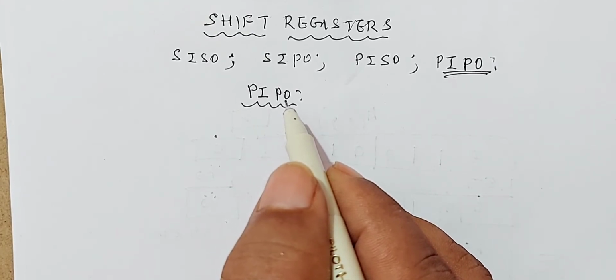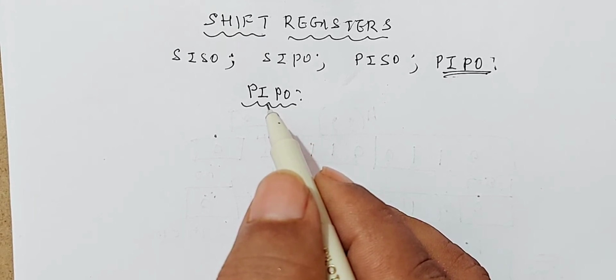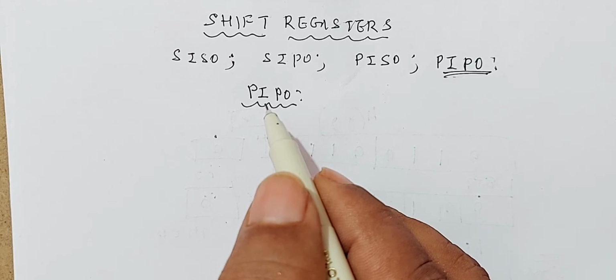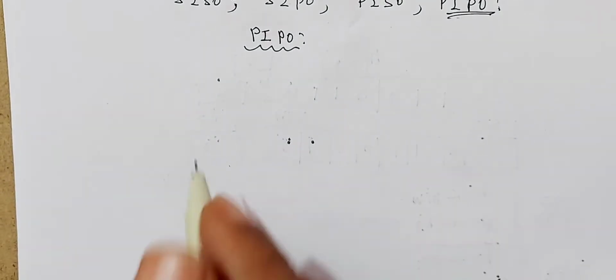You know that each bit requires one D flip flop. Therefore, to shift 4 bits, you need 4 D type flip flops. First, you write the D flip flops.